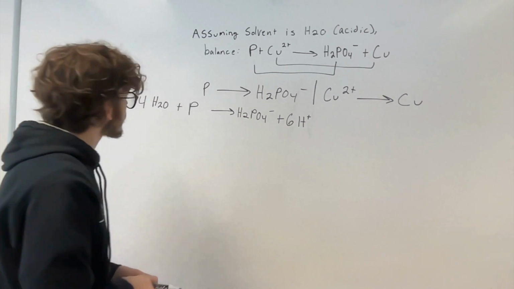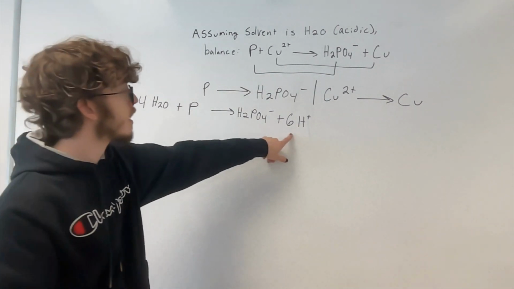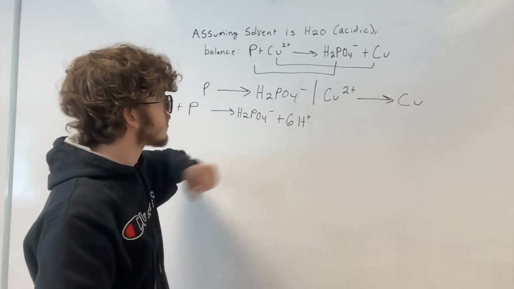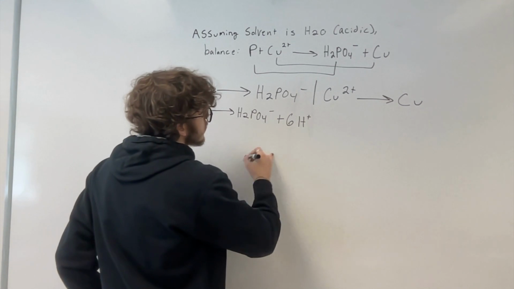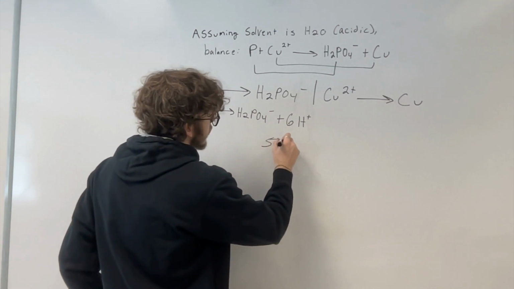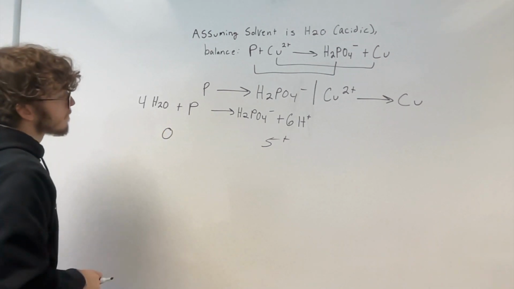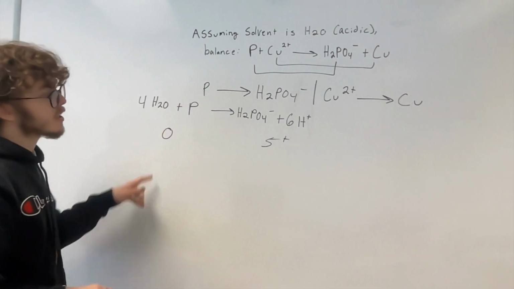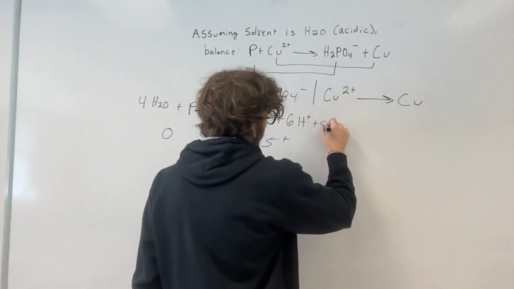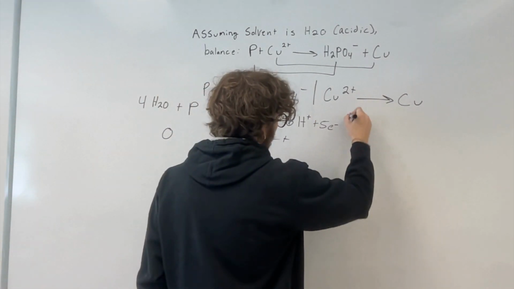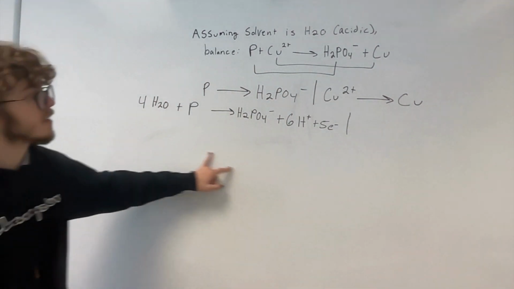So here, notice how we have 6 H's and a minus charge. The overall charge on this side is going to be 5 plus, and on this side it's simply 0. So to balance out the charge, to make it 0 and 0, we're going to add 5 electrons onto this side. So this is a completely balanced half reaction.